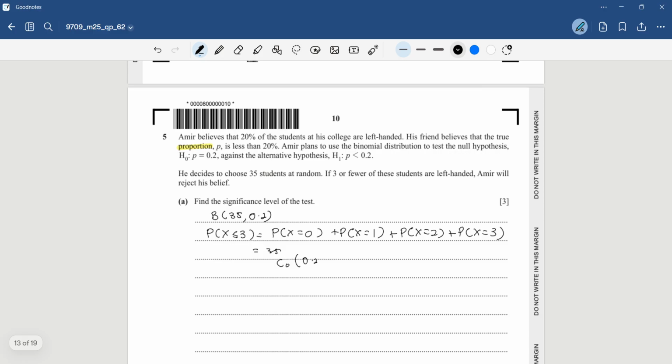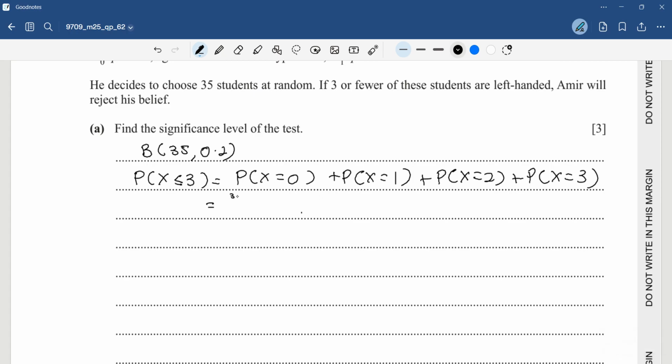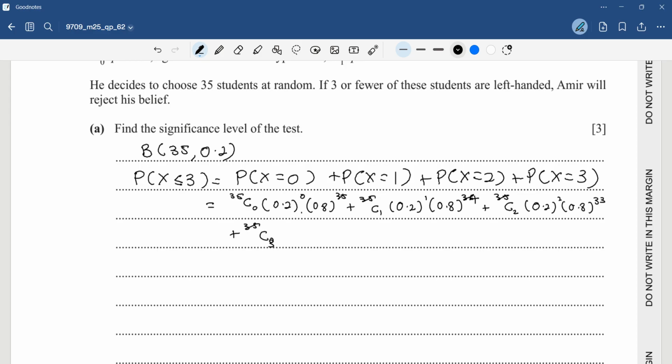Okay, so it's going to be 35C0 0.2 power of 0 0.8 power of 35 plus 35C1 0.2 power of 1 0.8 power of 34 plus 35C2 0.2 power of 2 0.8 power of 33 plus 35C3 0.2 power of 3 0.8 power of 32.